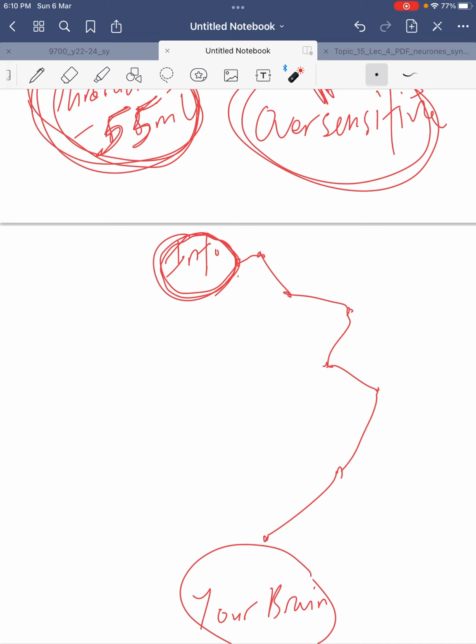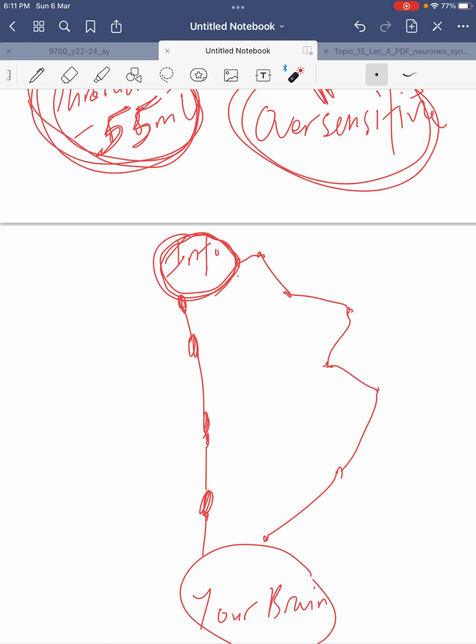And what your brain does is that there are neurons present here, and it will build new connections. It will build new synapses. So instead of going zigzag like this, it will just be in a straight line, because you are able to remember it very, very quickly.